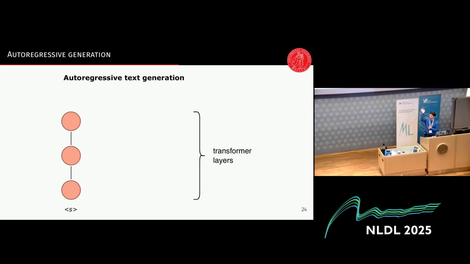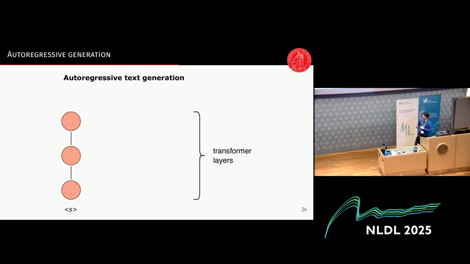And if you remember the picture I showed you earlier about how we train these language models, it's very similar to how we then use them during inference to generate something. So as the first step during generation, here we will just generate from scratch, but you could also put an existing prefix into the language model. Here we just put this special beginning of sequence token into the model. It goes through the transformer. It gives us the probability distribution of the next word that follows this special token.